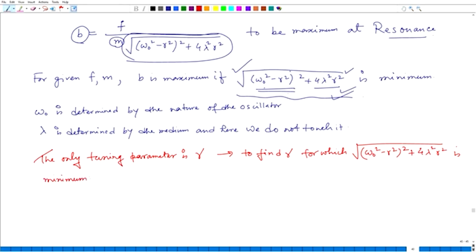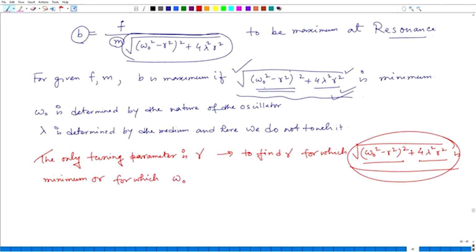Since both terms are positive definite, finding the minimum of this thing or of the square of this thing is the same. So, for which omega 0 square minus gamma square whole square plus 4 lambda square gamma square is minimum.